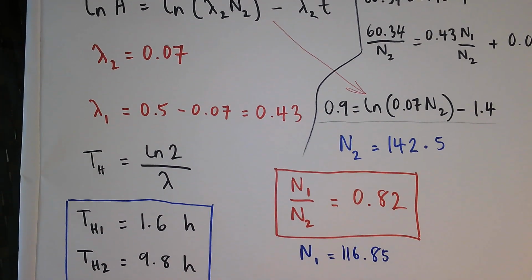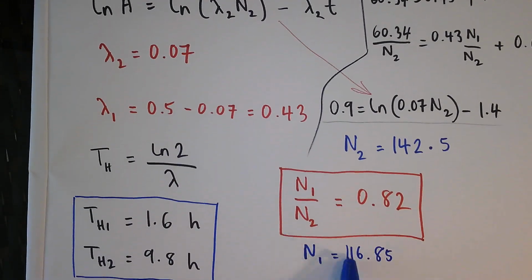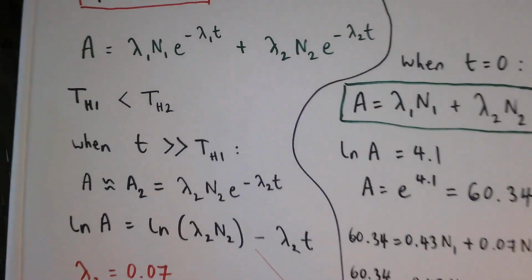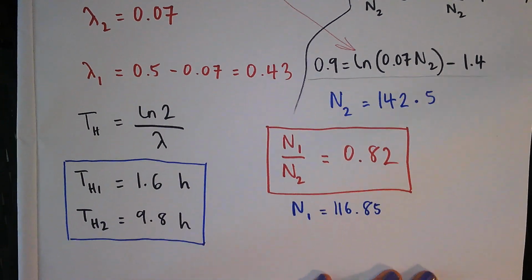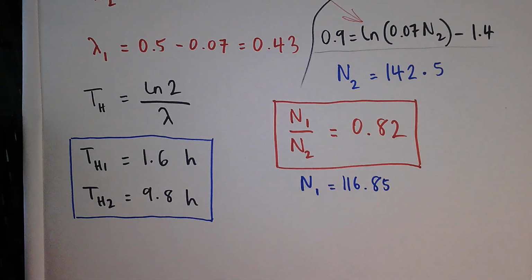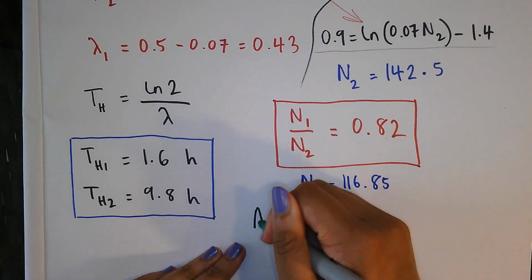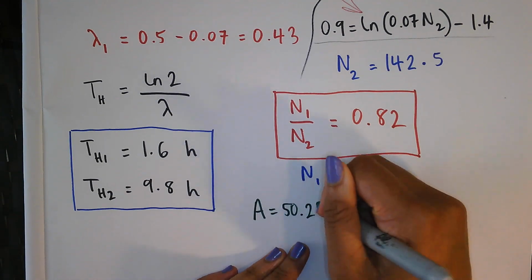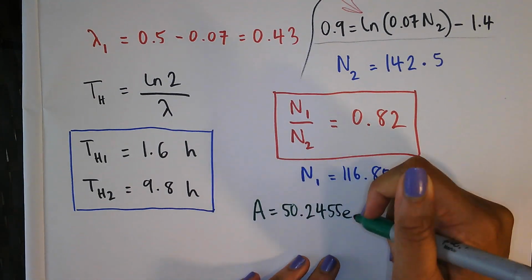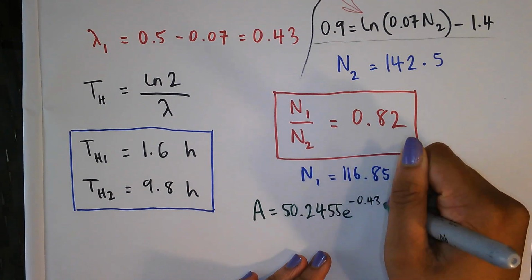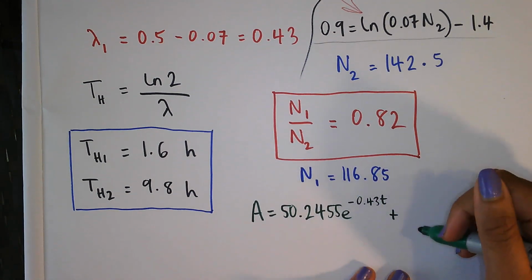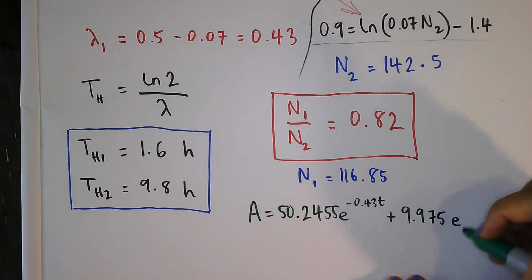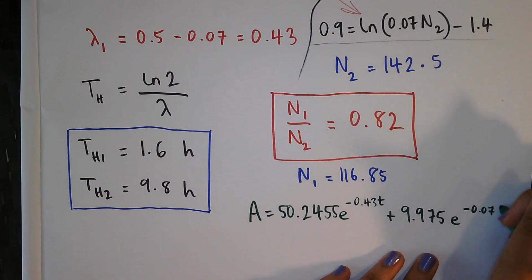So if I substitute all the values in, so lambda 1, lambda 2, n1 and n2, into this equation, then A equals 50.2455 e to the power minus 0.43 t plus 9.975 e to the power minus 0.07 t.